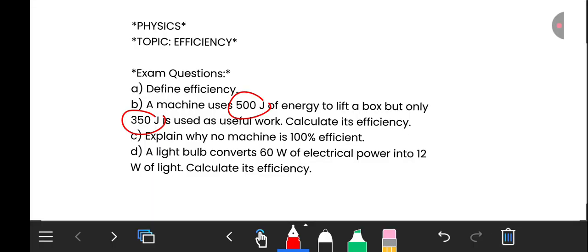Let's look at the next question, question D. A light bulb converts 60 watts of electrical power into 12 watts of light. Calculate its efficiency. The symbol for efficiency is eta.